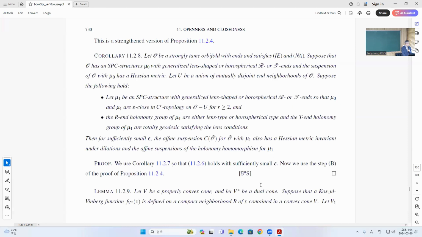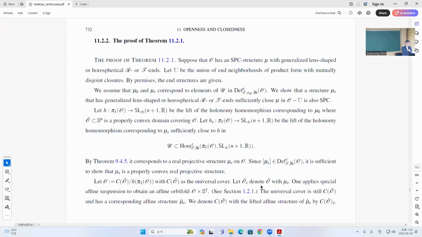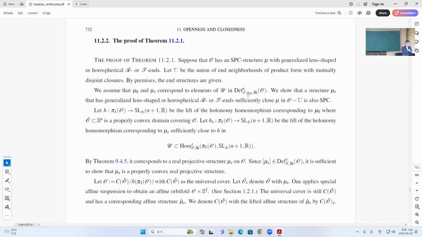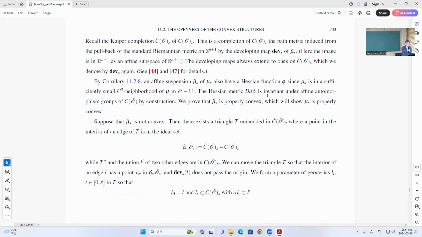Okay, so that's the Hessian part of the argument. Once I have this Hessian function, we can show that this result will have to be convex.